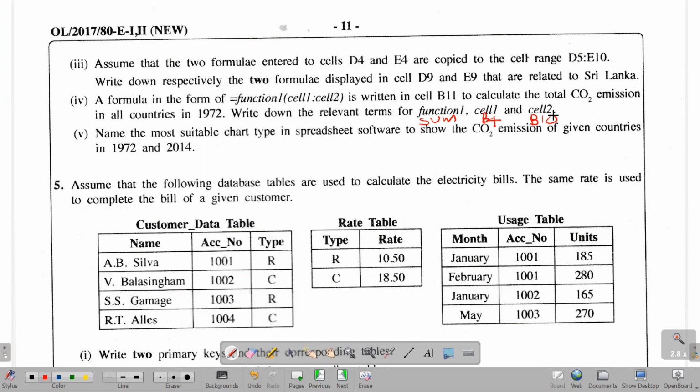Name the most suitable chart type in spreadsheet software to show the CO2 emission of given countries in 1972 and 2014. So the traditional answer is either the line chart or bar chart, right, or column chart.